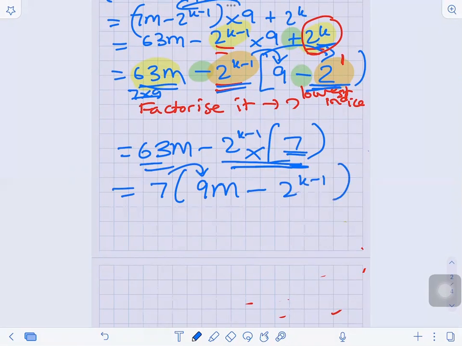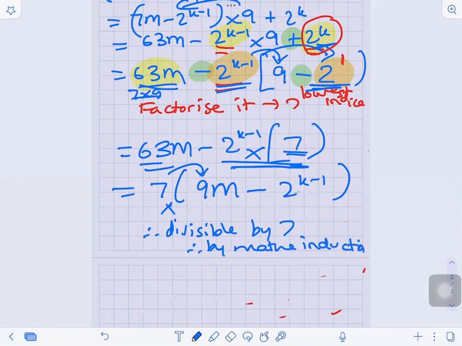Therefore, it is divisible by 7. So, therefore, by mathematical induction, it's true. It's true actually for all n greater than or equal to 1.